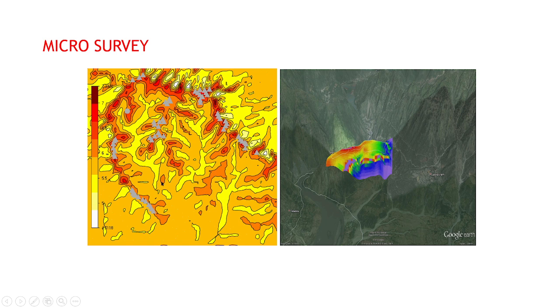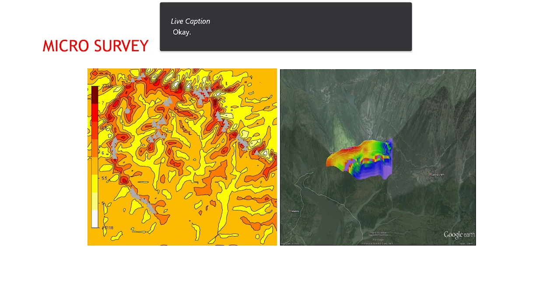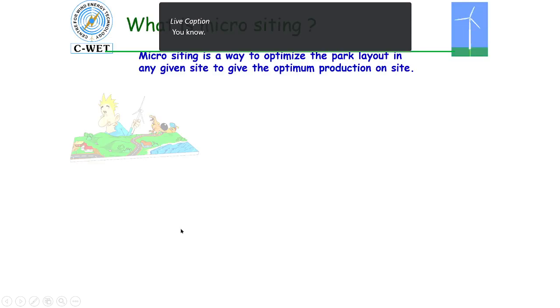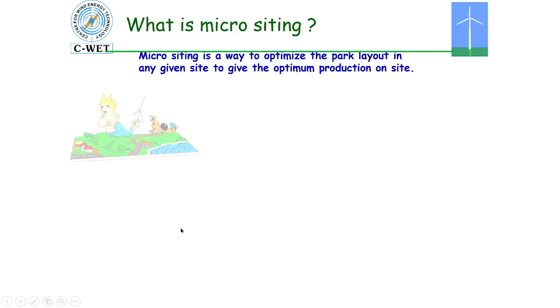These things can be further studied by looking at finer details, and this is possible using sophisticated software now, and that process is called micrositing.